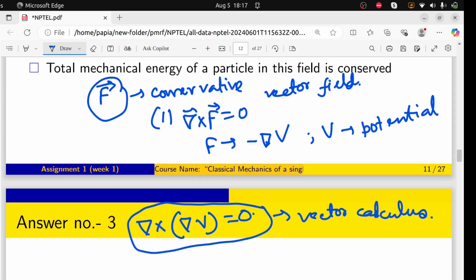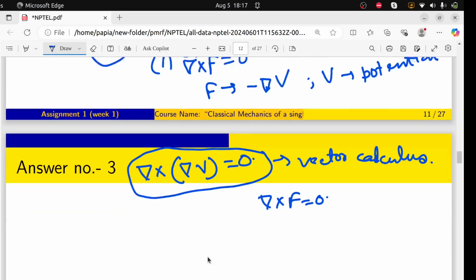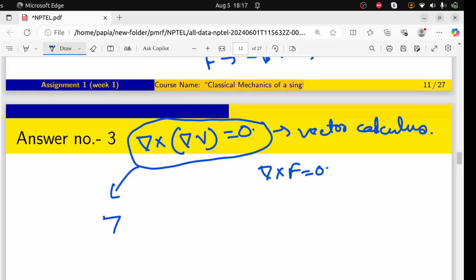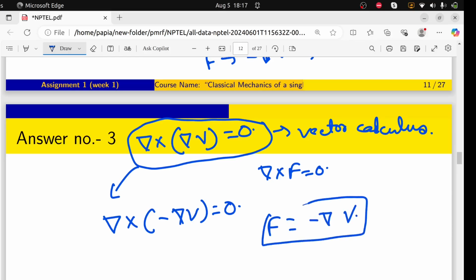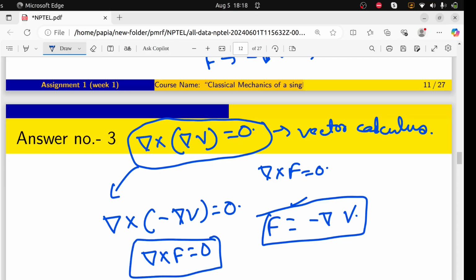Now, as I told you, for a conservative vector field, curl of F equals 0. And we can also write it as minus grad V, which can also be fine, because the minus we can just combine out and it will come as 0 again. So if I compare these two, then I have that F equals minus grad V. So this is an equation for the conservative field, and curl of F equals 0 is also an equation for the conservative vector field.